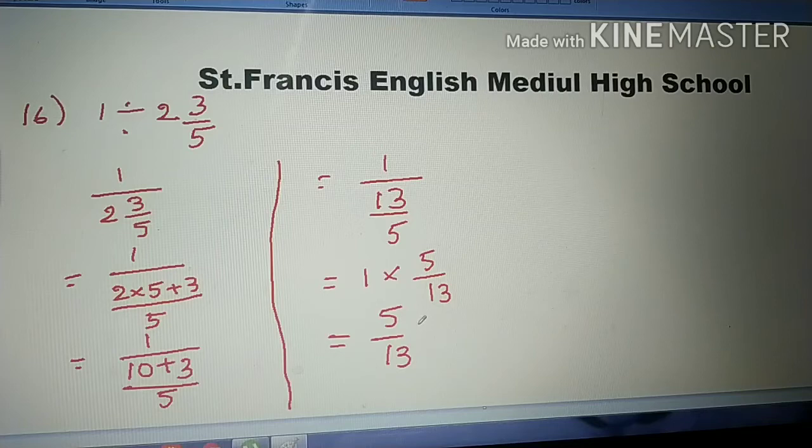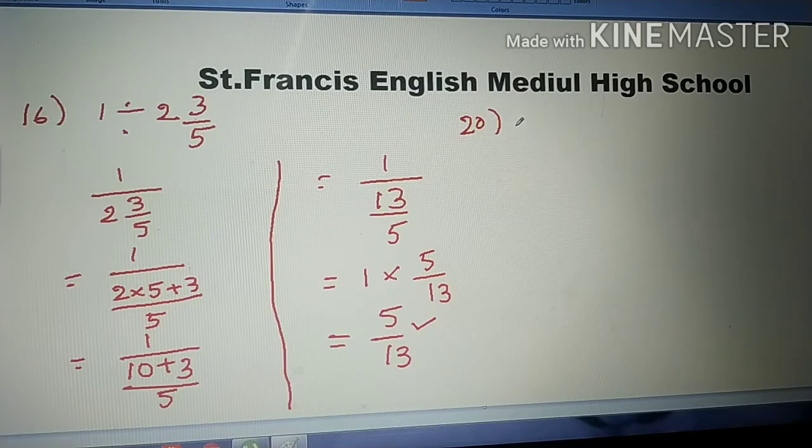Okay, first we need to check for the mixed fractions. After converting mixed fractions into improper fractions, write down reciprocal of the denominator with multiplication symbol. After that, multiply numerators divided by denominators. Okay, so like that you have to do. Now see the next problem.